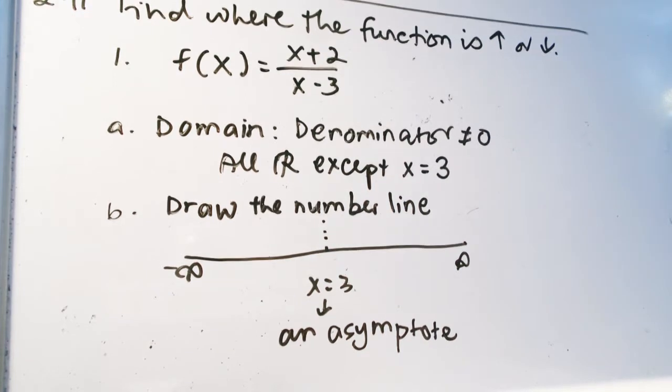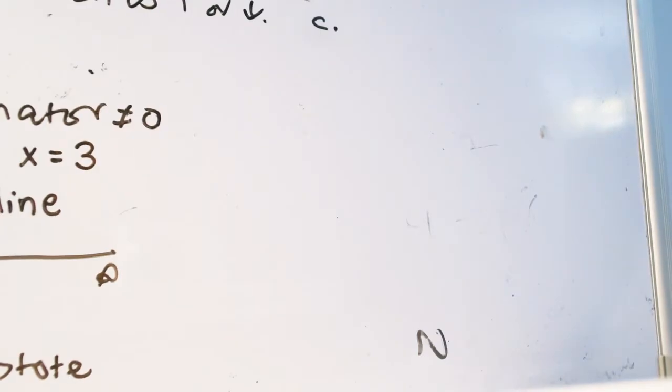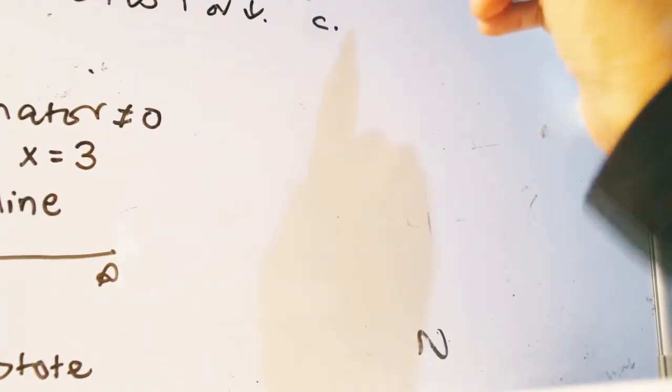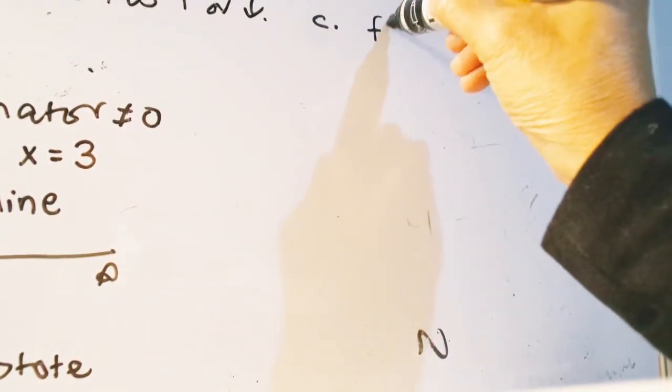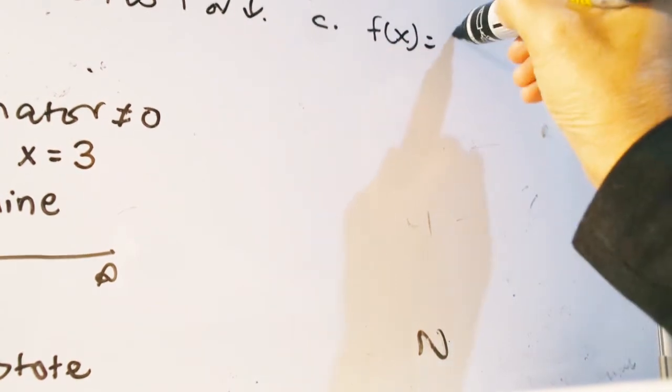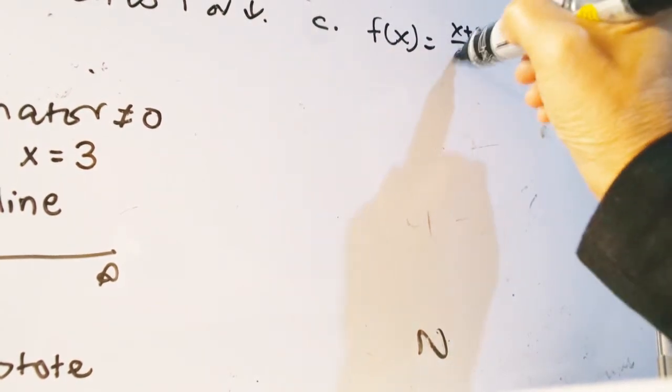Okay. Now since we want to find whether the function is decreasing or increasing, we have to differentiate the function once. Okay? So f of x equals x plus 2 over x minus 3.